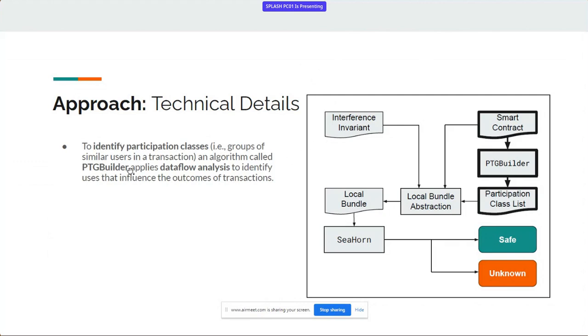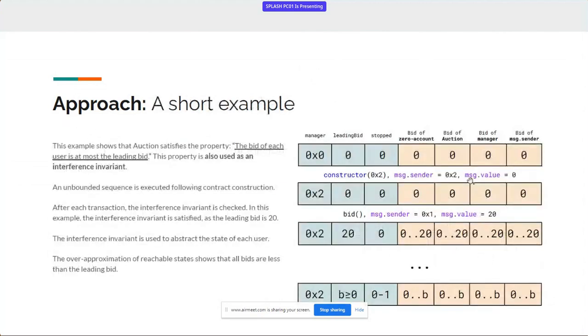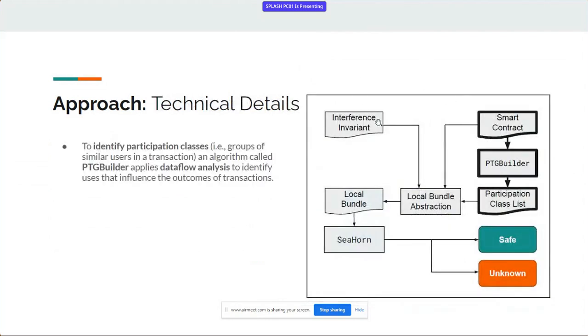And then we proposed an algorithm called PTG Builder that uses data flow to identify all of these possible interactions that could influence the outcome of the transaction. And that would give us these different groups of users that I talked about in the motivating example. So this is automated.